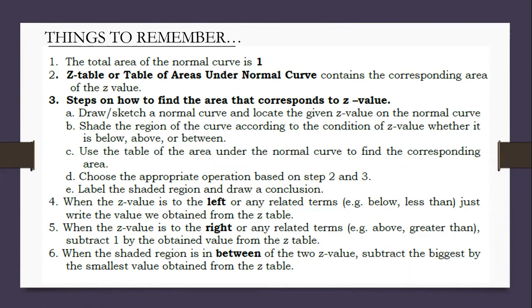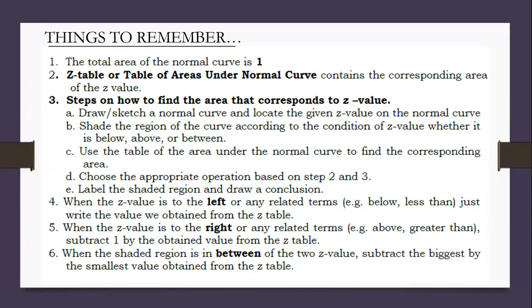First, you need to draw or sketch a normal curve in order for you to locate clearly where is that z value and the area being asked. Then you need to shade the region, use the table for the area. If the word left is being used, whatever is the value in the table, that will be the answer already.